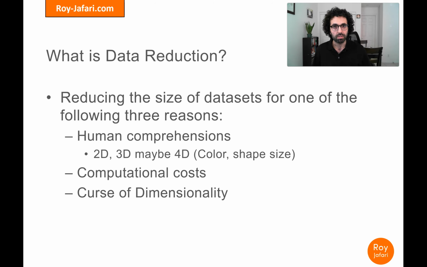Another reason is the curse of dimensionality. Some of the statistical approaches stop being usable when there are just a lot of dimensions in your data, because as the number of dimensions and attributes grows, the space becomes neutral.